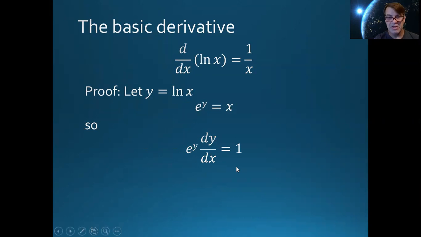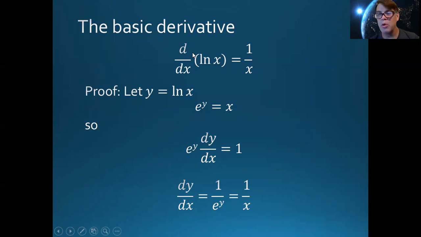Divide both sides by e to the y, and the derivative of y, that is the derivative of the natural log of x, equals 1 over e to the y. And e to the y was x, so it equals 1 over x. QED. We have demonstrated that the derivative of the natural logarithm of x is 1 over x.